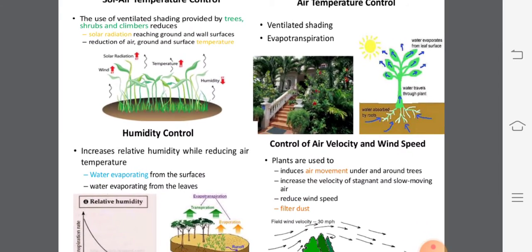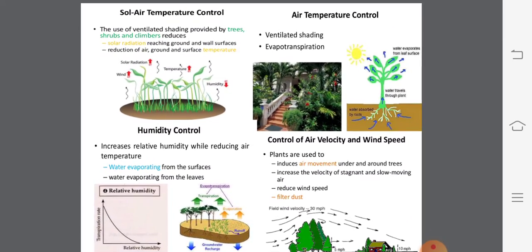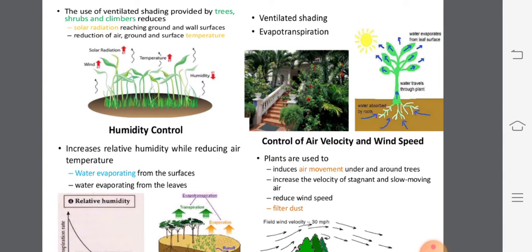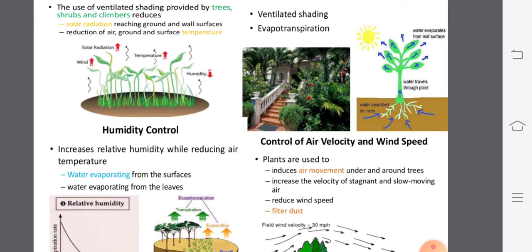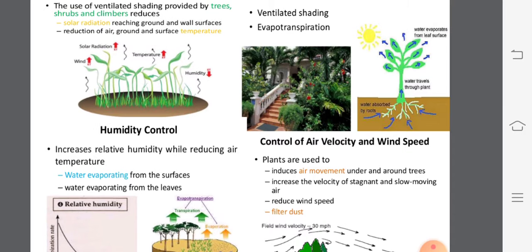We will just see about the soil air temperature control. Already there are shady areas and ventilated areas provided by the trees, shrubs, or climbers, and the solar radiation reaches the ground level or these surfaces.